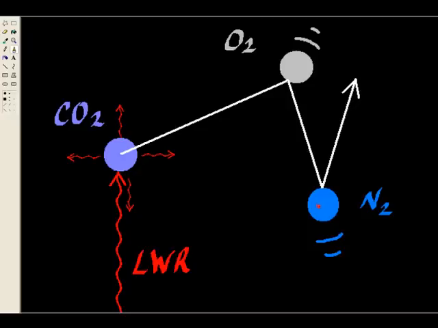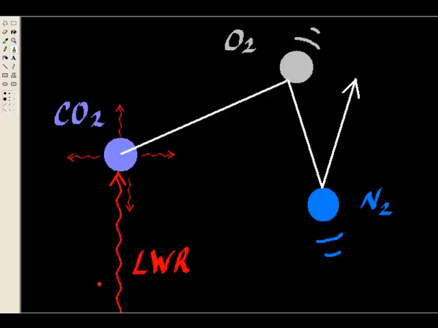So now the oxygen and nitrogen molecules are vibrating more as well, and they will then go on to collide billions of times a second with other air molecules, transferring that heat to other molecules. So that's the process by which long-wave radiation, through CO2 molecules, manages to transmit its energy to the rest of the atmosphere. And it's a very efficient system too.